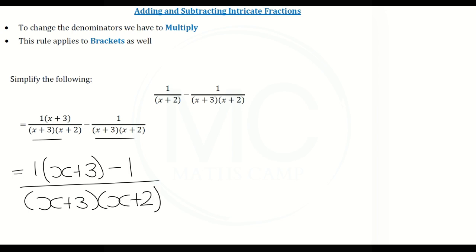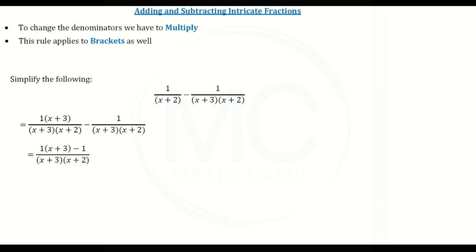And a lot of students say, okay, well, great, we've got a bracket of x plus 3 and a bracket of x plus 3. We can take it out as a common factor and cancel it. But be careful, we still have this operation here, this minus sign, so we cannot cancel just yet.